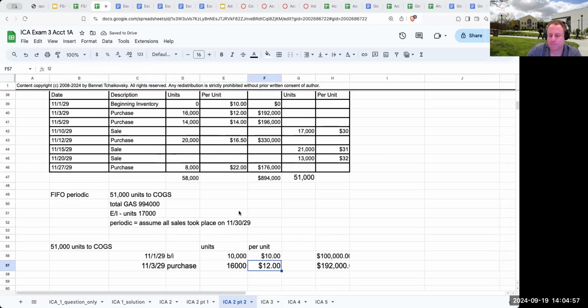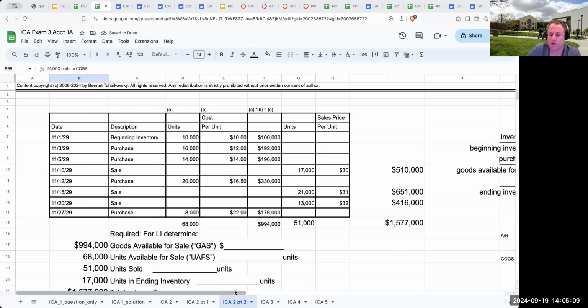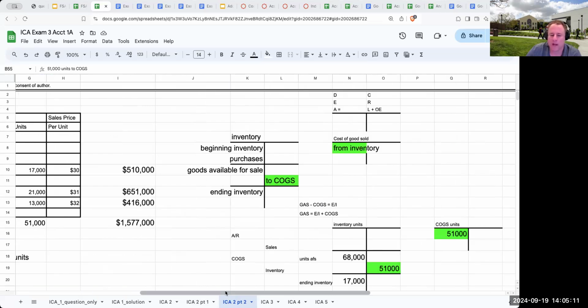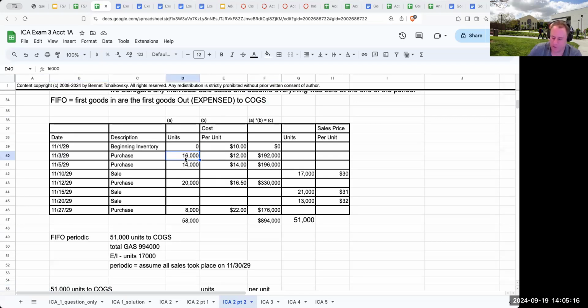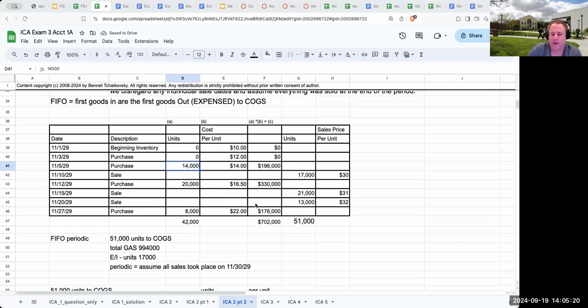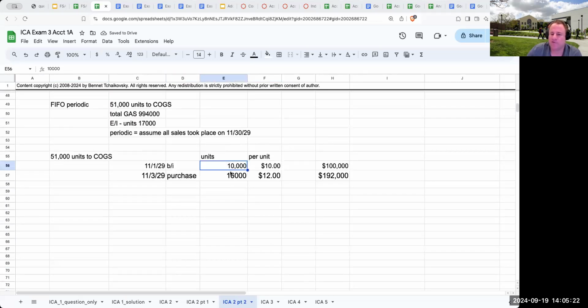Once I assign these to cost of goods sold, I need to remove them from my inventory, so these 16,000 units are gone. Now, am I done yet? No, I only have 26,000 units so far. I need a total of 51,000.